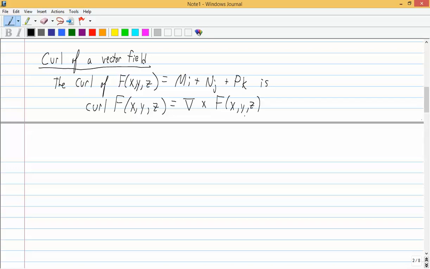And to make your life easier, instead of having to go through and actually do that, here's the formula that you use.